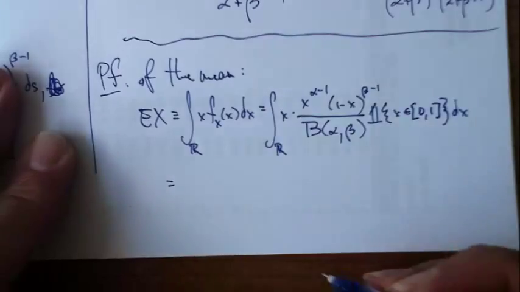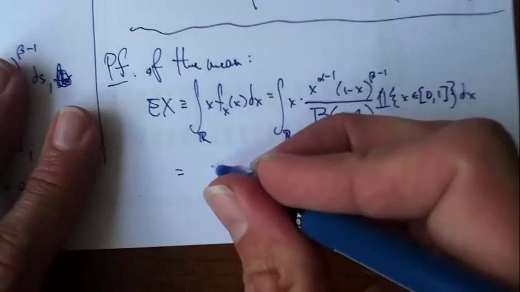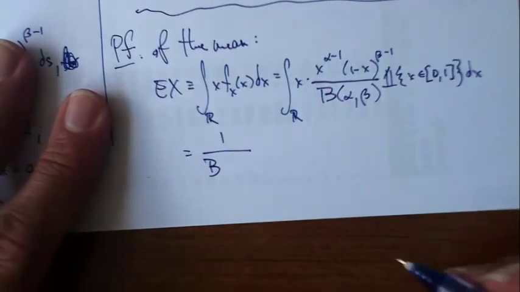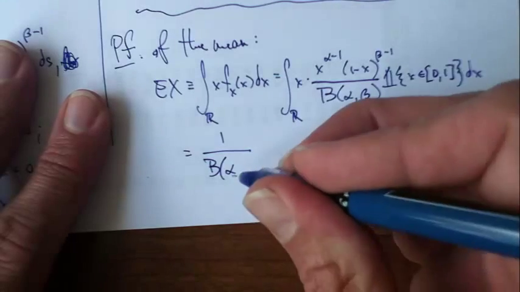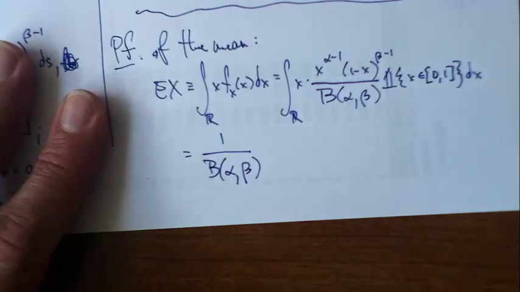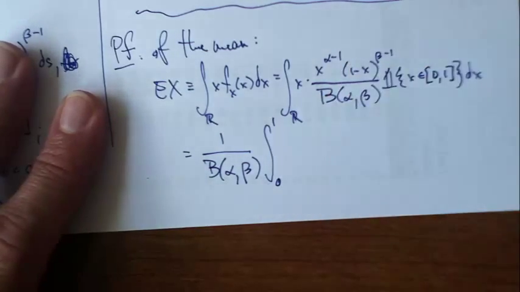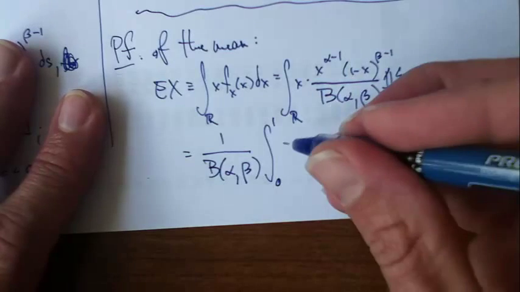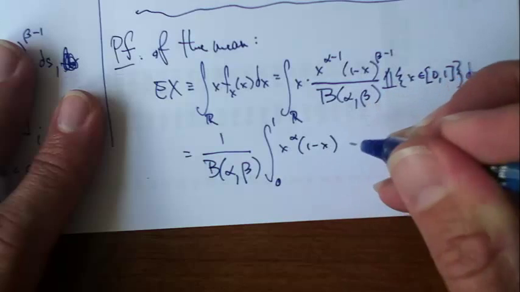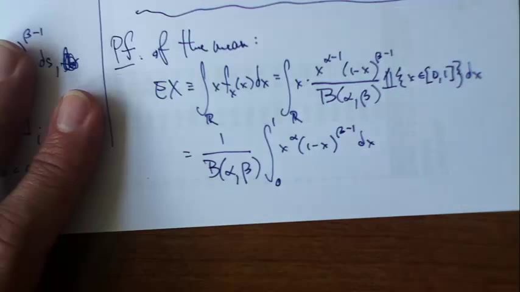And if it's okay with you, I'll go ahead and take that beta function out of the bottom, like we did when we were working with the gamma distribution. Oftentimes we'd take that out, right? Go ahead and pull that out, remove the indicator function, and change my limits of integration. And then I've got x to the alpha times 1 minus x to the beta minus 1 dx. Okay?